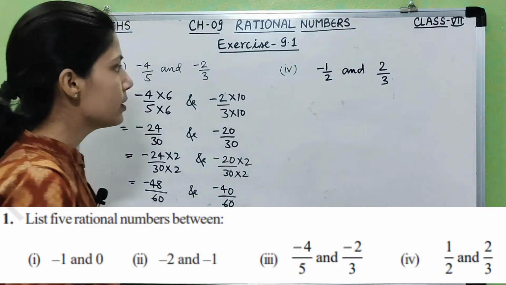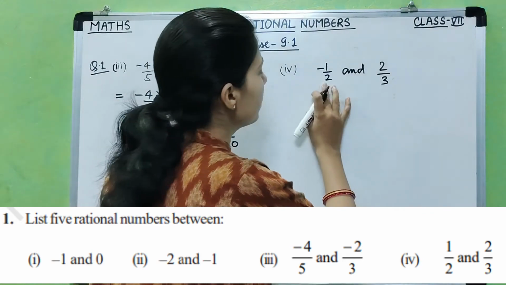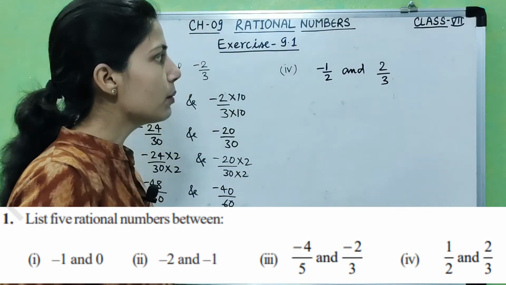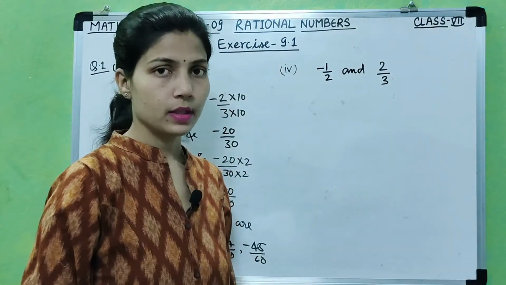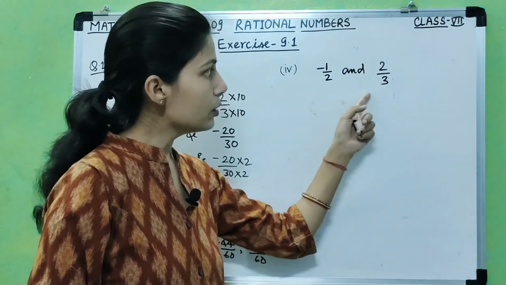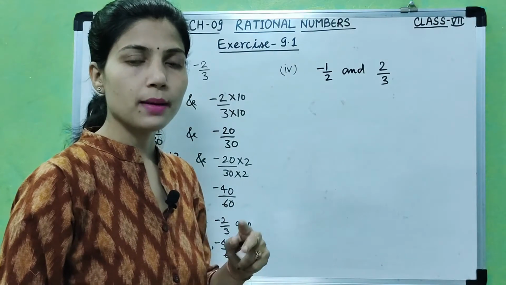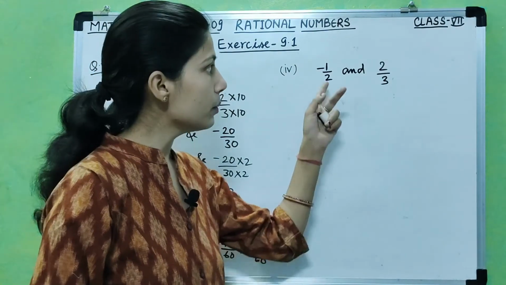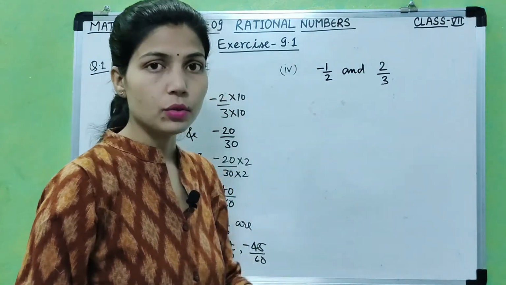Okay, now let's move to the fourth part. See here, the rational numbers are -1/2 and 2/3. Here also the denominators are different, so we have to choose the common multiple of these two denominators.